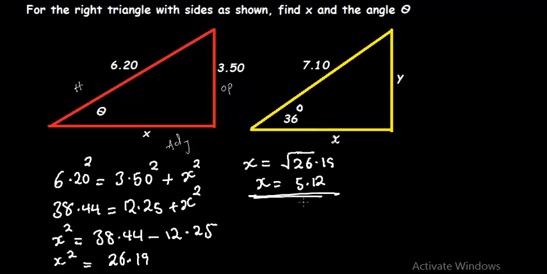That asks us to find the angle. Okay, in this case, if you are asked to find the angle in a right angle triangle when the lengths of the opposite and the adjacent side are given, you can use the tangent function to solve this problem.